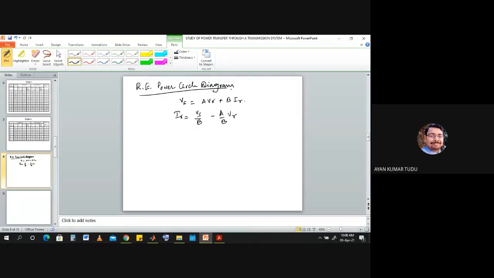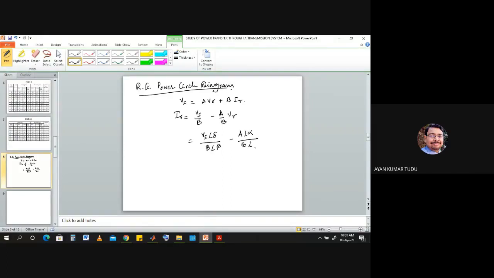Now, as you know, these are vector values. So Vs is Vs angle delta, B is B angle beta, and A is A angle alpha.